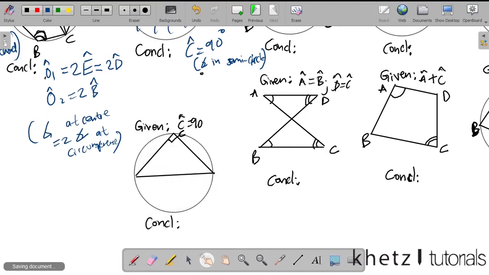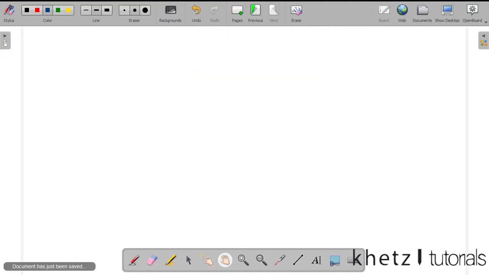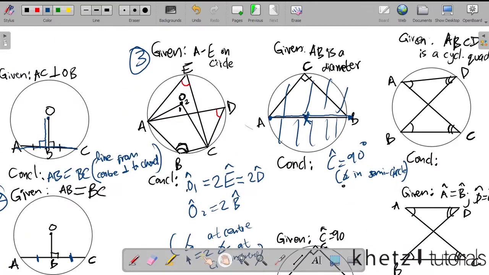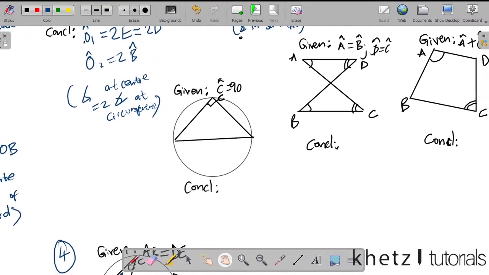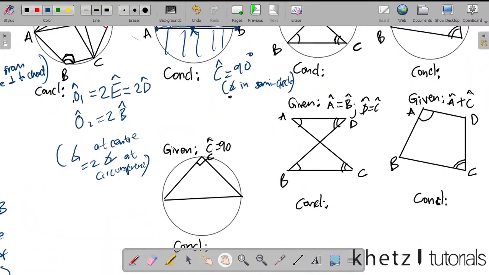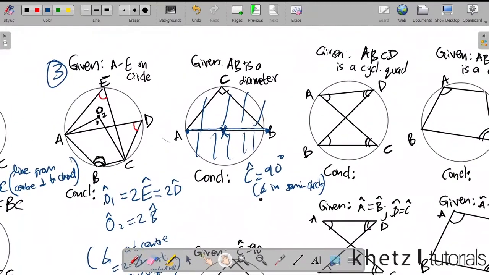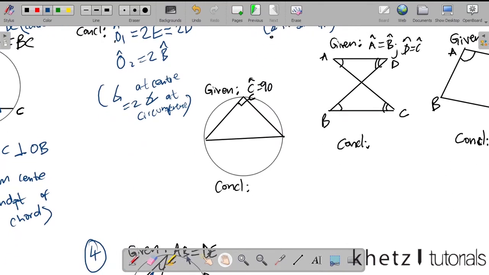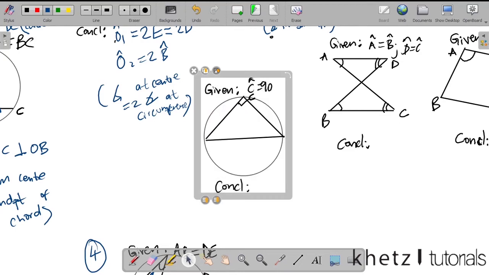Now here we are actually given the conclusion from the first one, right? So the one here is number 5, so this one will be number 6.